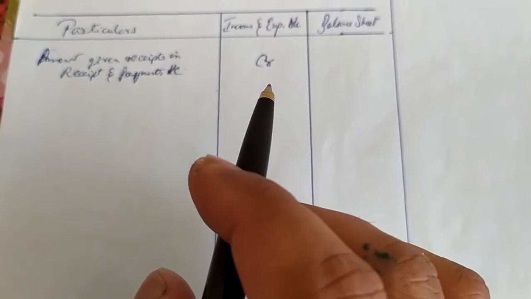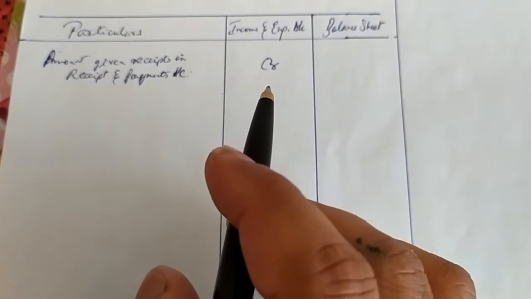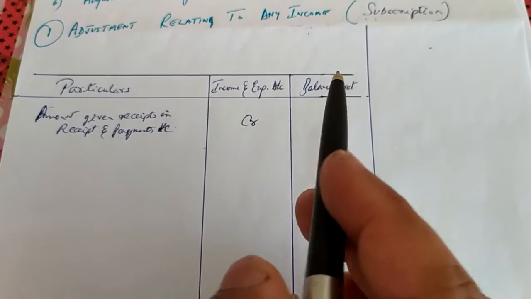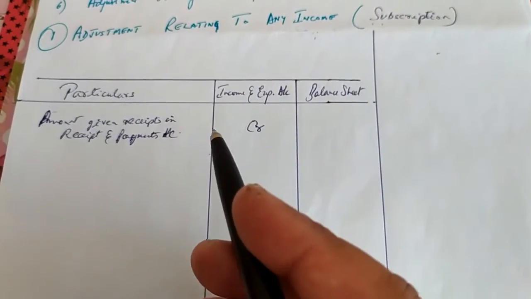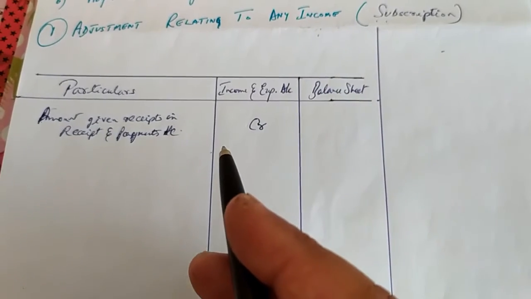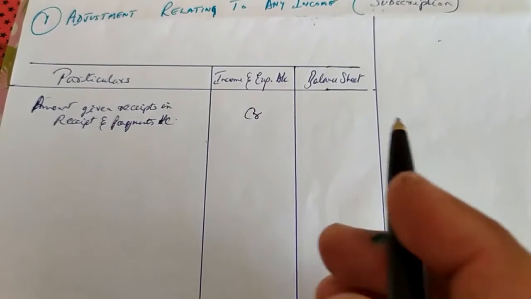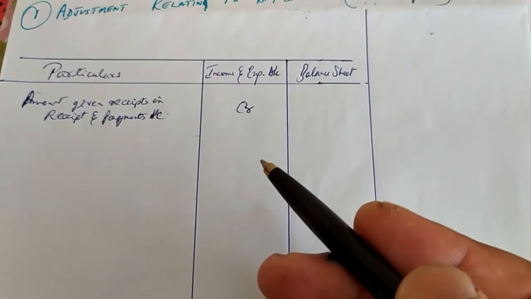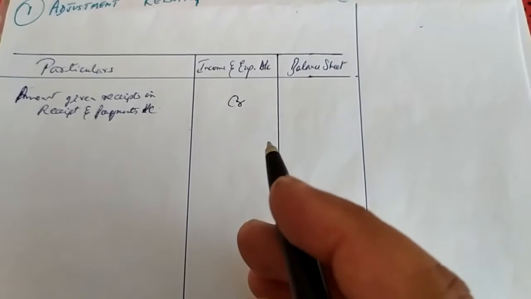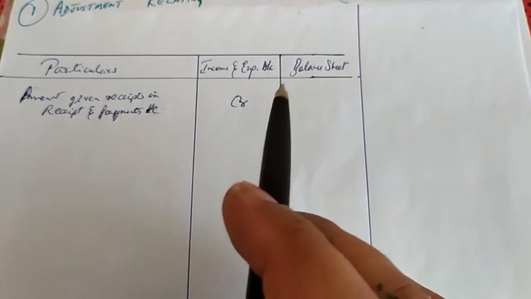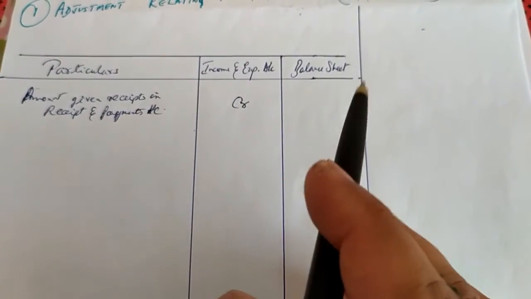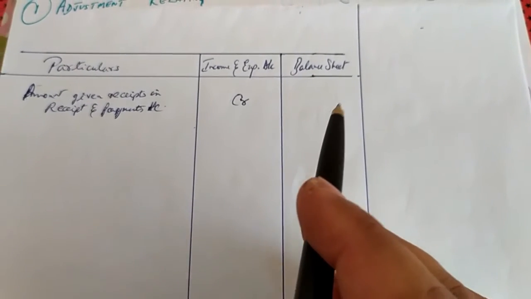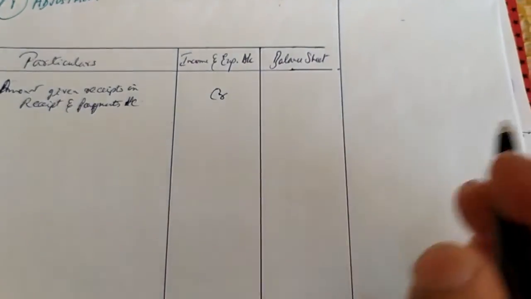Now, as I have mentioned some time back, the adjustments relating to any income may be that part of income which is yet to be received, that is, which is in arrears. We can say outstanding. Okay, let us make it simple: outstanding, which is yet to be received, or it may be which has been received in advance. But for each, that is outstanding, there will be two figures: one for the beginning of the year and one for the end of the year, and the same for received in advance.